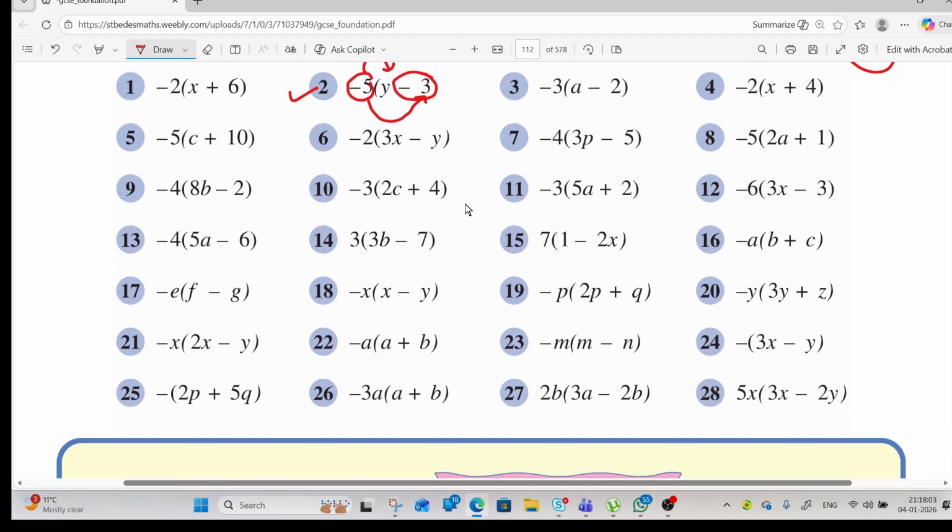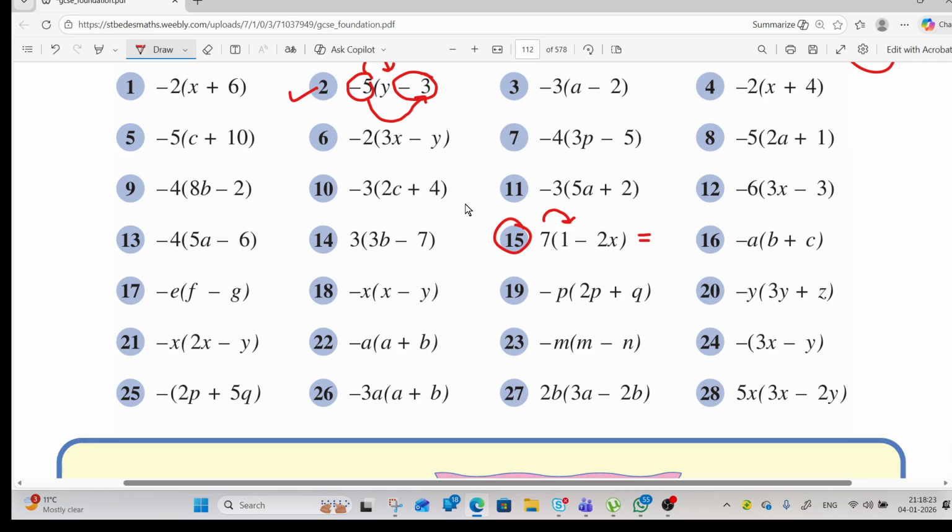Okay, let's try this. Number 15. Yes, first multiply these two. Be quick.